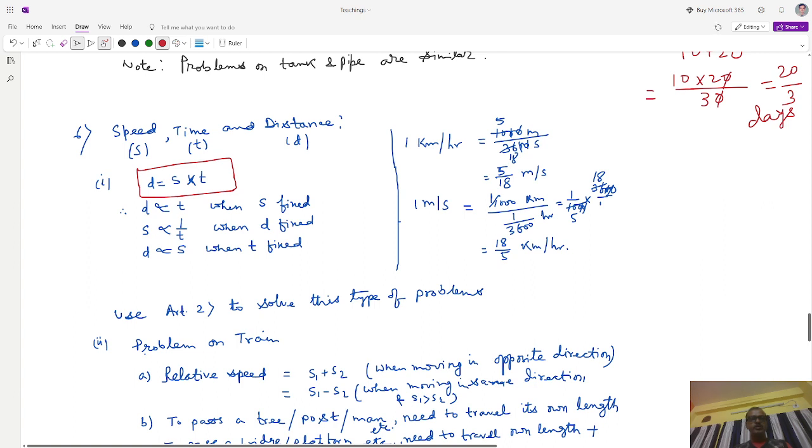Distance is proportional to time when speed is fixed, speed is inversely proportional to time when distance is fixed, and distance is directly proportional to speed when time is fixed.